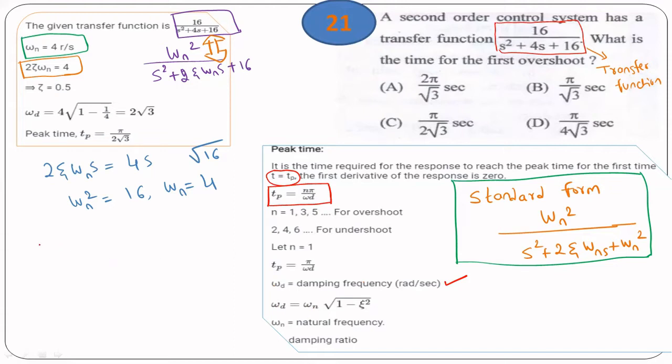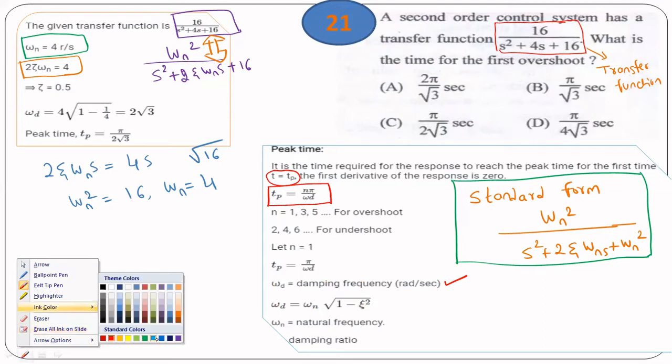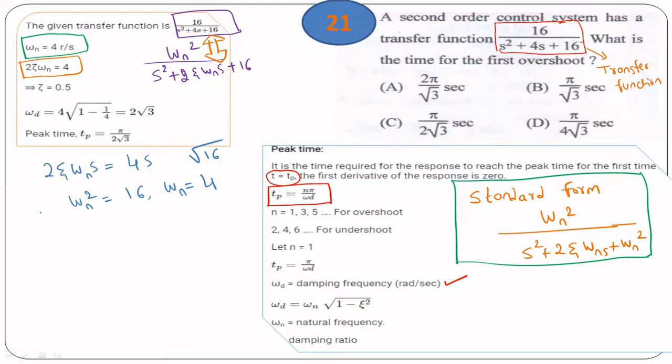As we already know, we have obtained here that 2 zeta omega n is equal to 4.